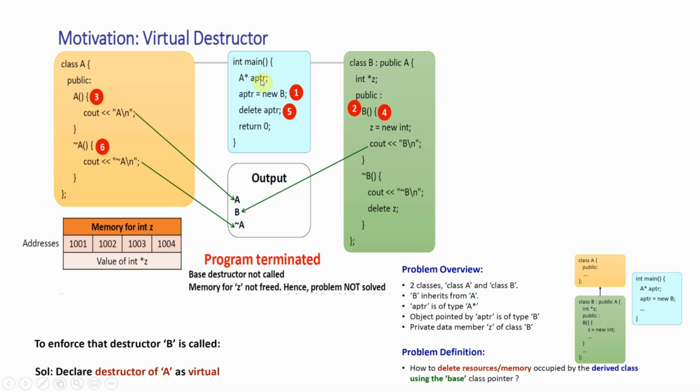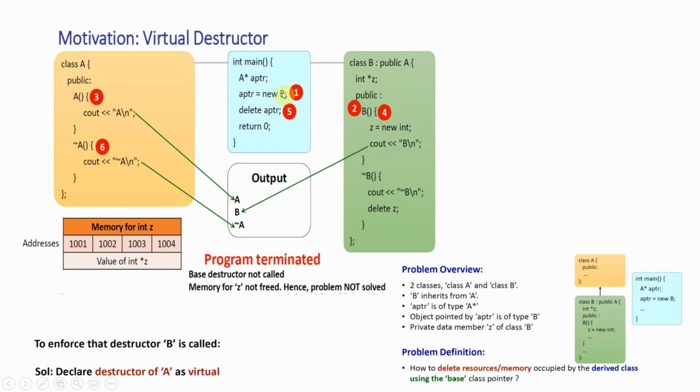So aptr is a pointer that points to an object of class A. Now aptr is equal to new B, so we are allocating an object of class B dynamically. So aptr is going to point to an object of class B.